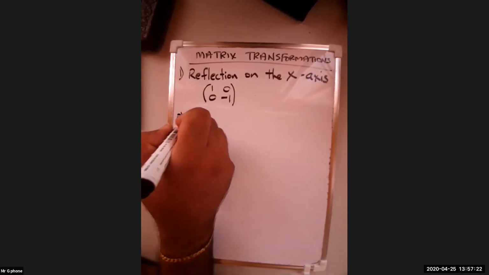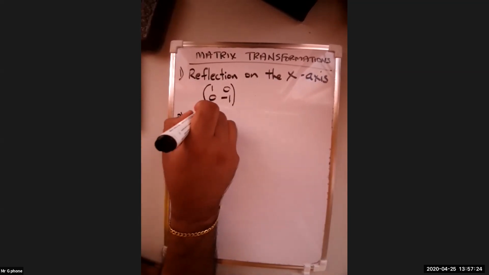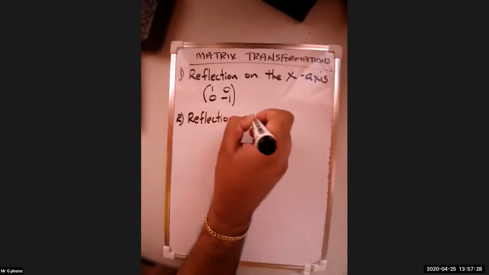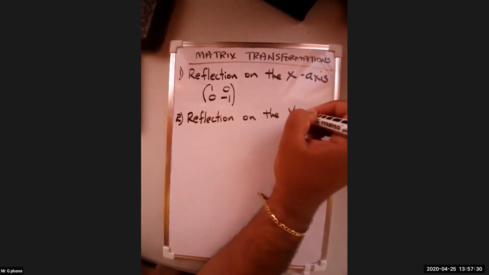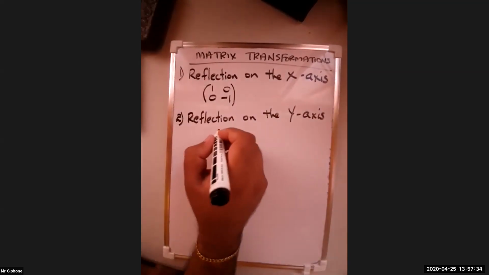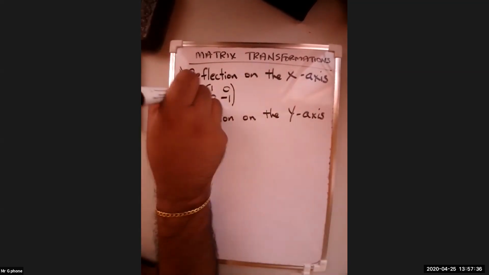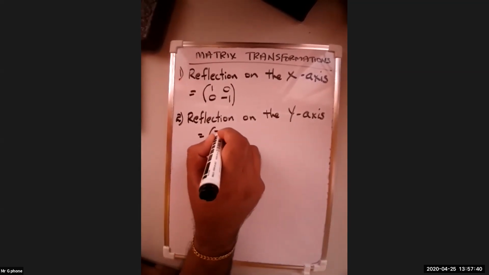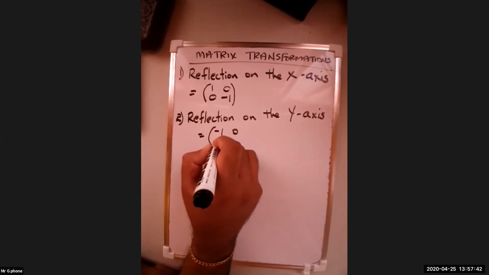Secondly, reflection on the y-axis is -1, 0, 0, 1.